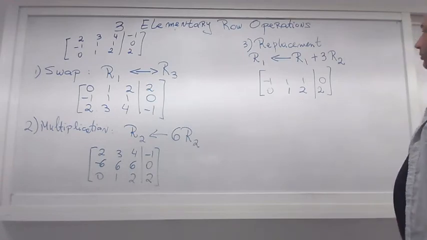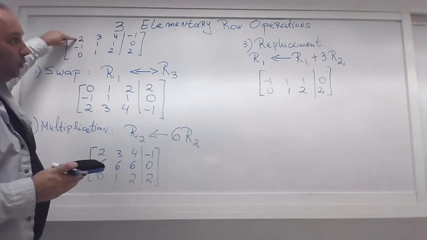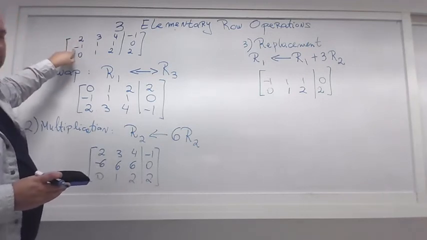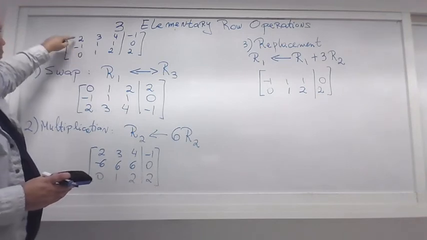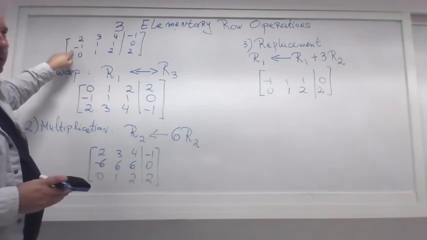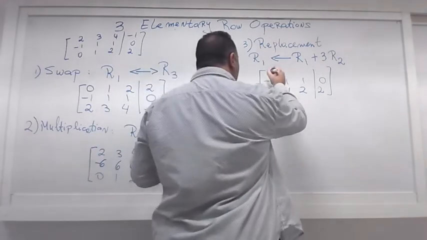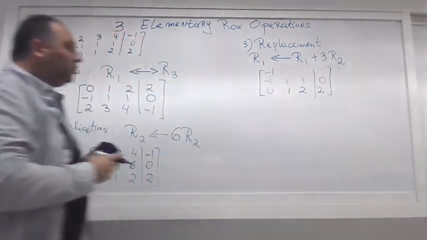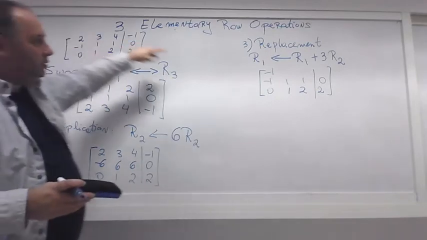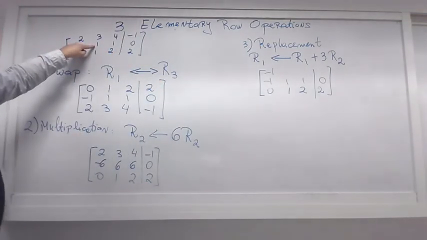Okay, so how does that work? Well, I need to take entry 1 from row 1 plus 3 times the entry from row 2. So 2 plus 3 times minus 1. So that's 2 minus 3, right? So that's minus 1. Then the second entry, you take it and you add 3 times the entry from row 2.